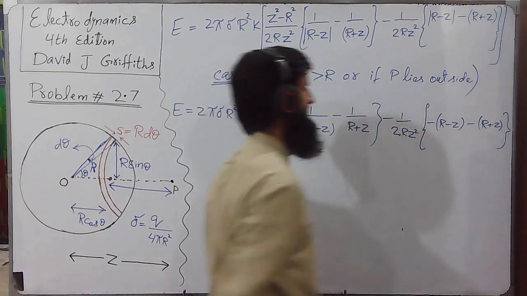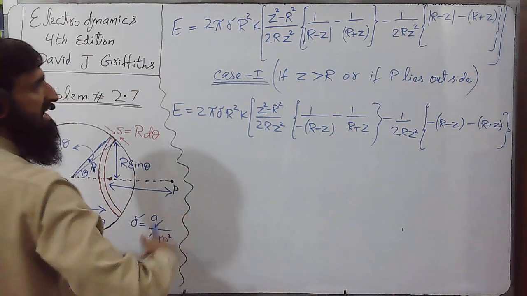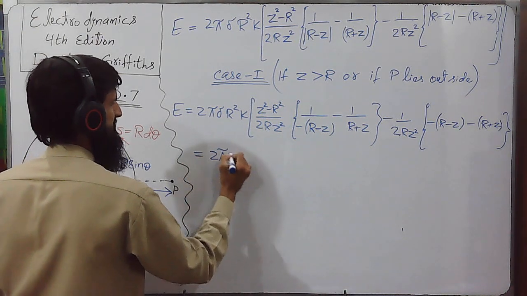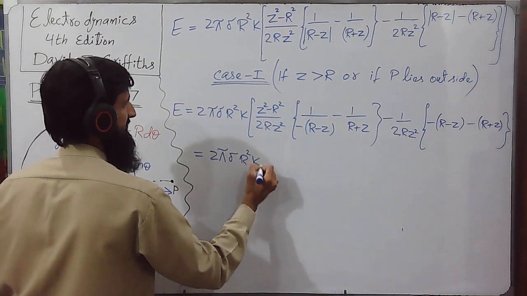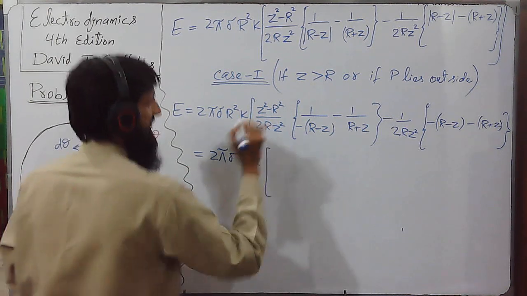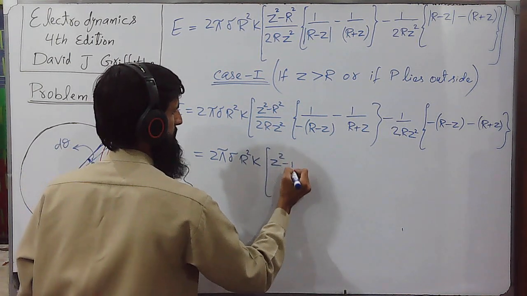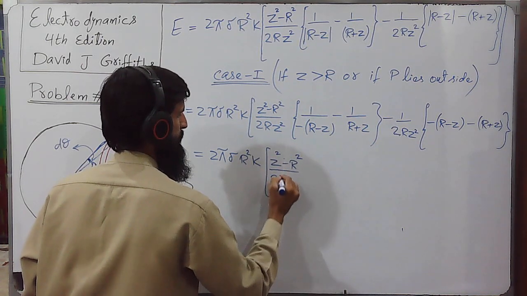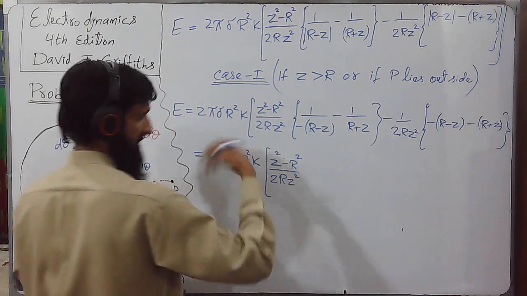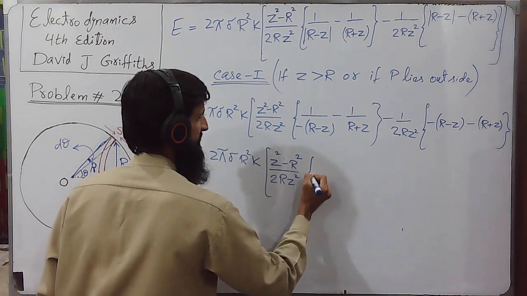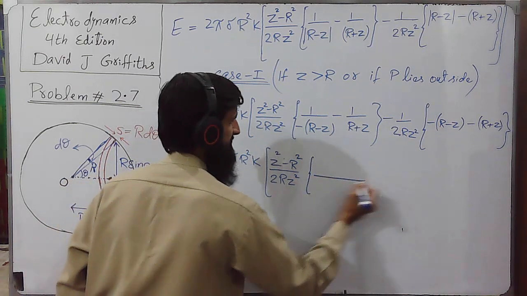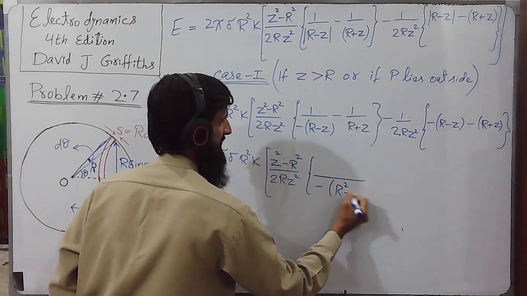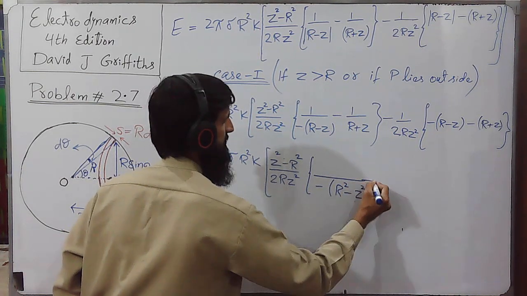Now we just need to simplify this whole expression and see what it gives us. 2 pi sigma r square k is written here once again as it is, and now z square minus r square divided by 2 r z square once again written here as it is, and if we take square root inside the bracket, it becomes r square minus z square with negative sign.